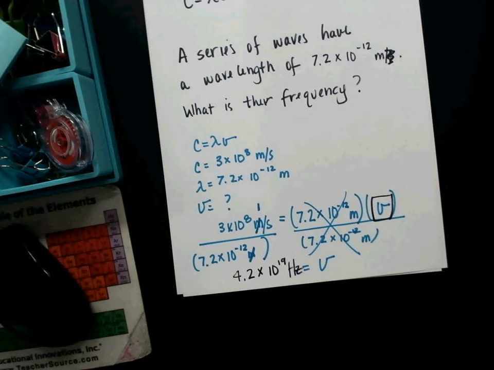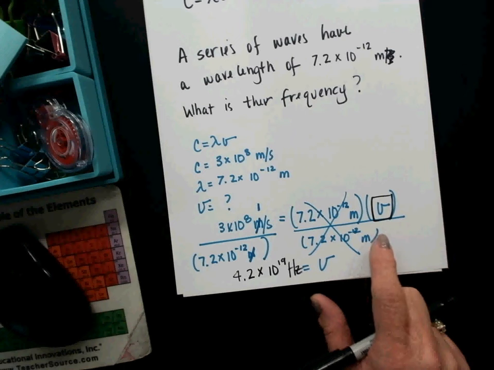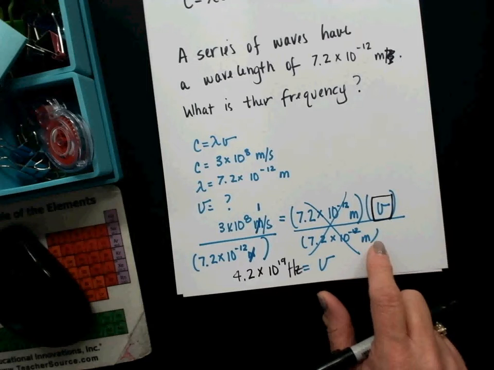So, if you didn't get it, the first thing I want you to do is check how you put it into your calculator. Did you divide through by this 7.2? And if you did and you didn't get it, did you put a parenthesis on the end? Because that's what usually gets people. If you didn't get it, punch it in this way. I'm going to tell you exactly how to put it in your calculator.